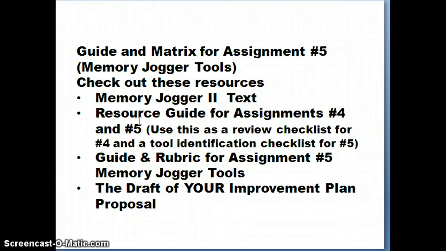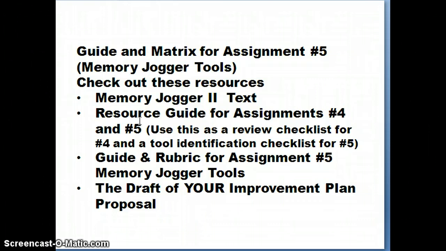This is a tool that you can use as a review checklist for hotspots for assignment number 4, and a tool identification checklist for assignment number 5. You're going to need a copy to look specifically at the official guide and rubric for assignment number 5.